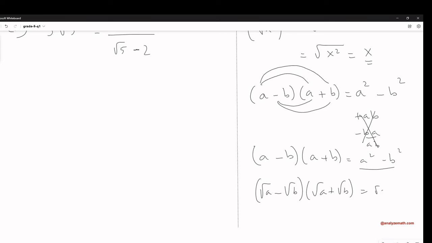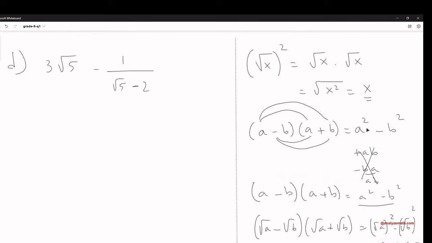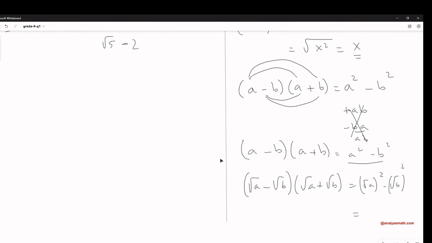I say square root of a power 2 minus square root of b power 2, and then we have seen above here that square root of x power 2 gives you x. So that gives me a minus b. And this idea has eliminated the radicals altogether.